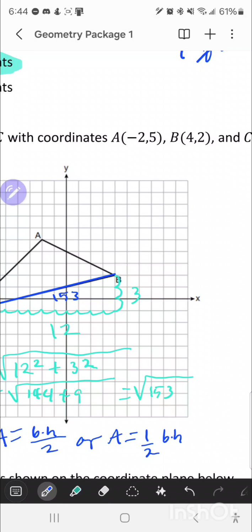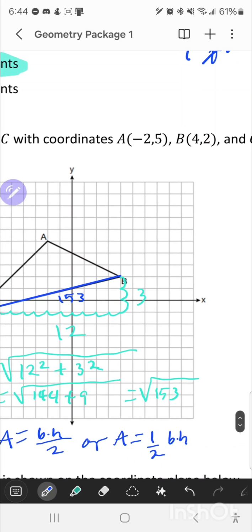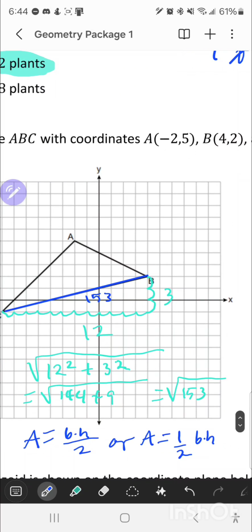Now we need to calculate the perpendicular line. Sorry, that's what we need. So the height, let me explain it well.